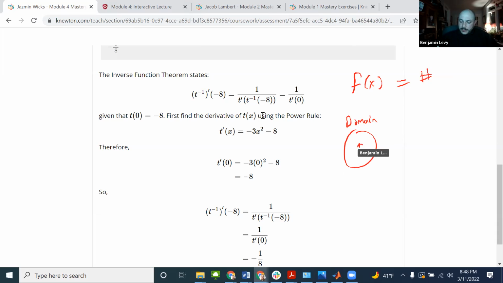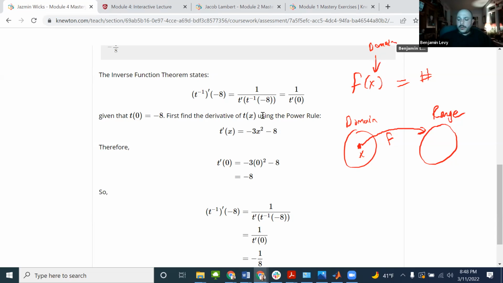We take x values, and when you plug them into f, they get sent to something else. The thing they get sent to, we call the range. So this right here would be in the domain on the left, and it gets sent over to the range.